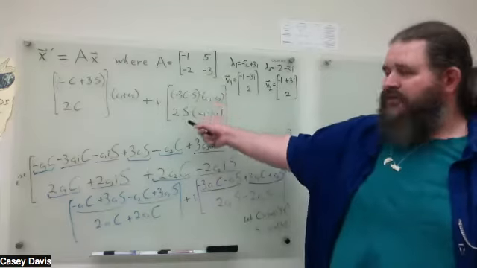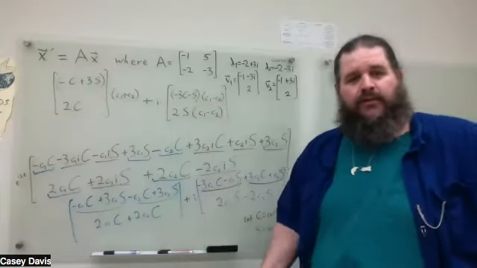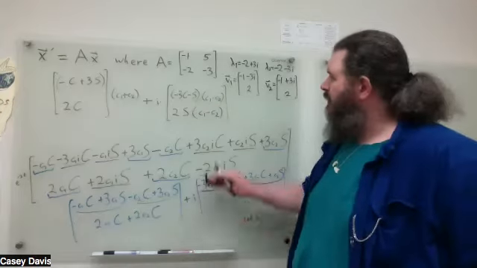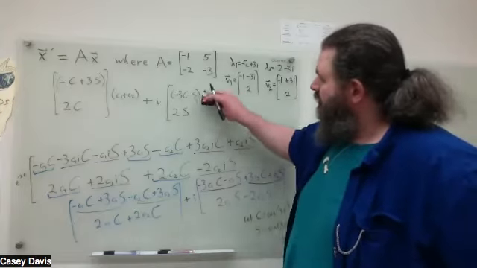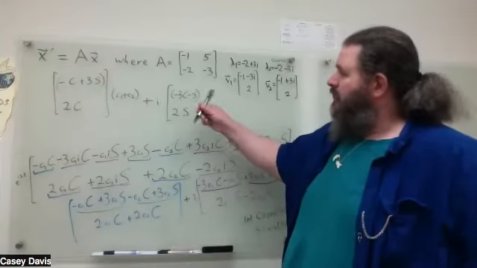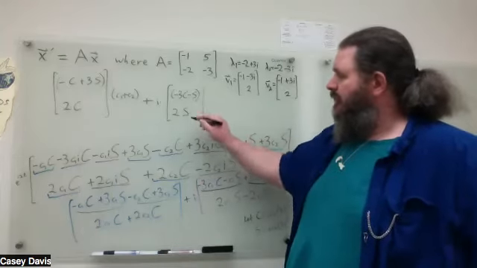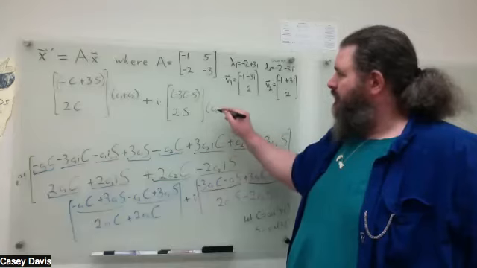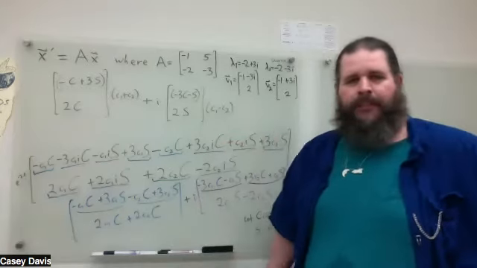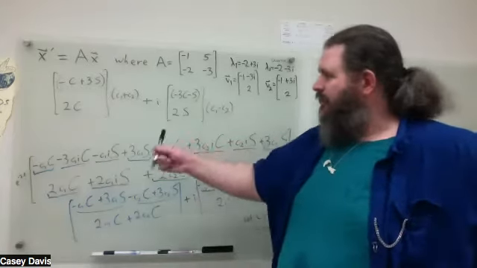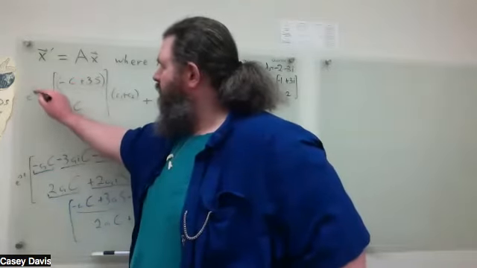And now both of these components have a C1 minus C2, so we can factor that out of the entire vector. And we're left with just -3 cosine minus sine, 2 times sine, times this constant C1 minus C2. And again, this whole thing is multiplied by e to the -2t.